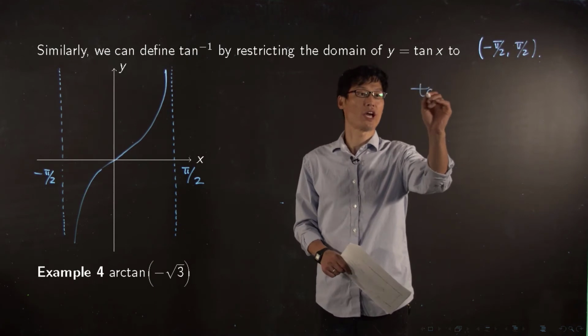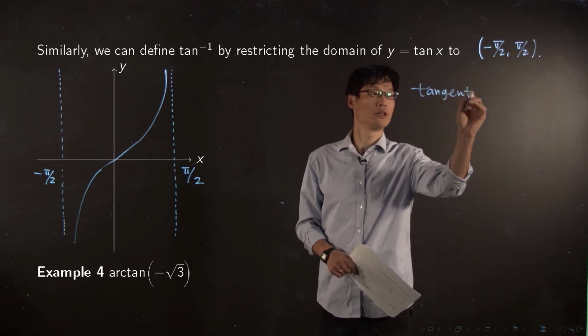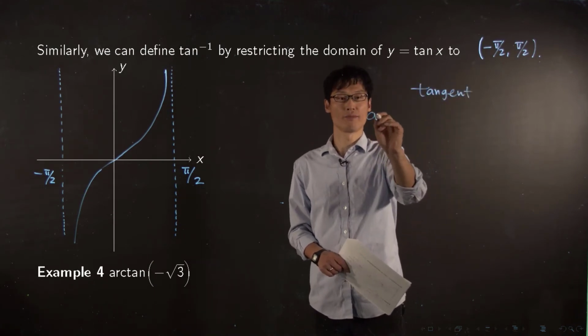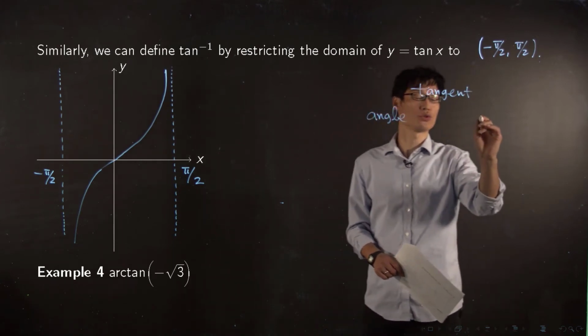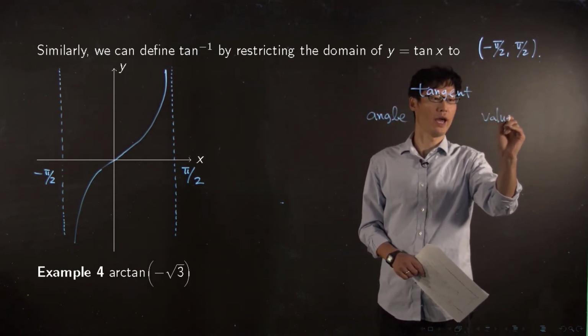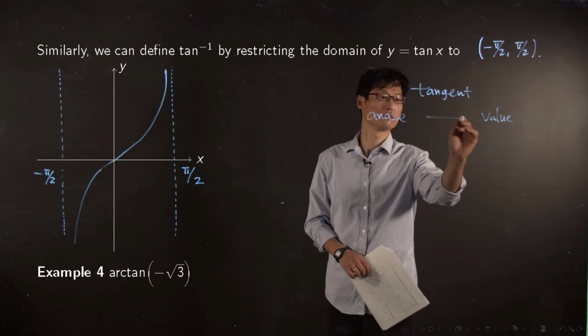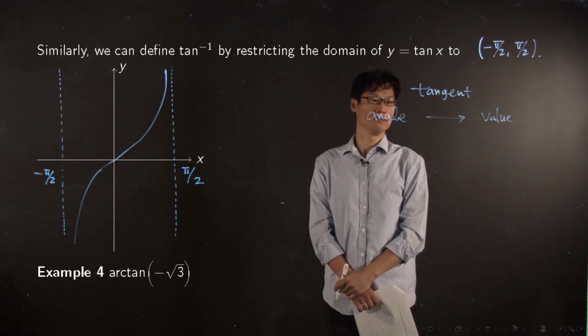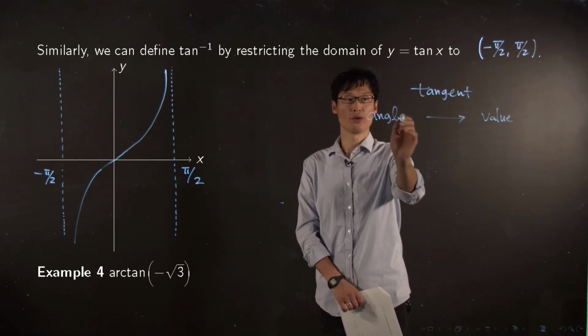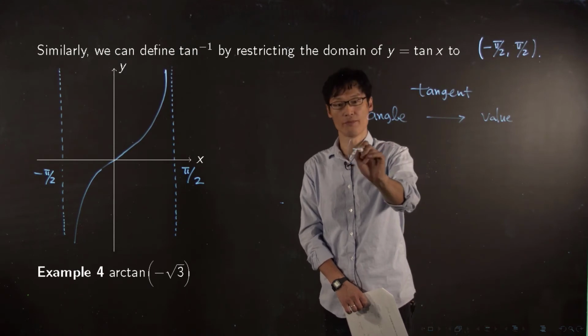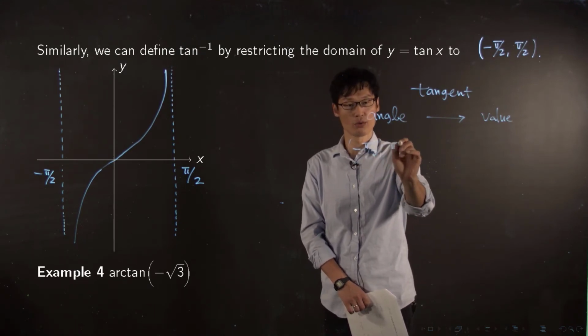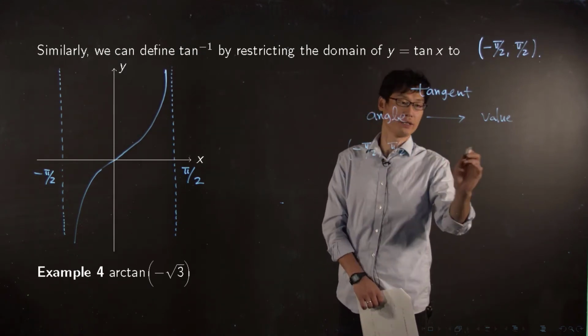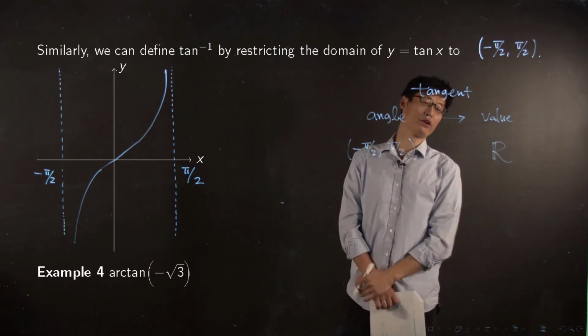Again, what tangent does is assign some value to an angle. So the domain of this tangent is now from -pi/2 to pi/2, and the value can be any real number.